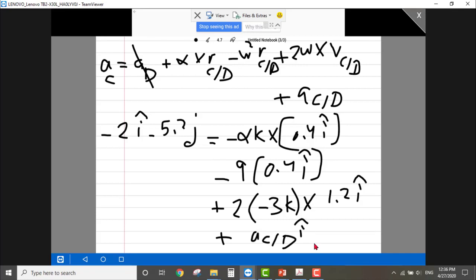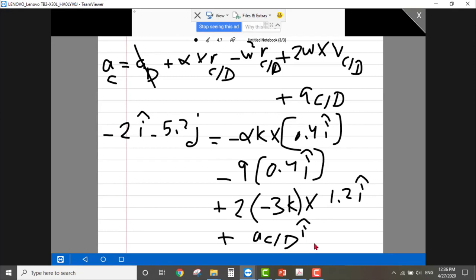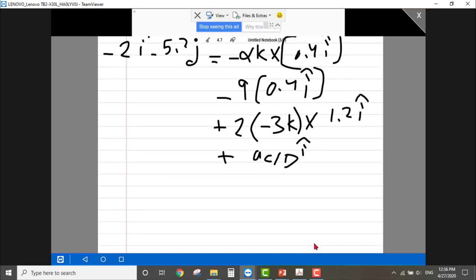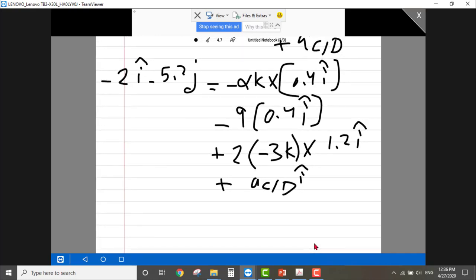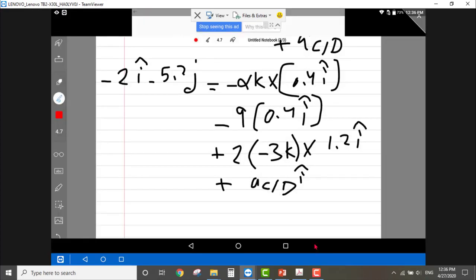So both VC with respect to D and AC with respect to D, we always assume them along the link. Let's write them again, so I'll use another color to avoid getting confused.